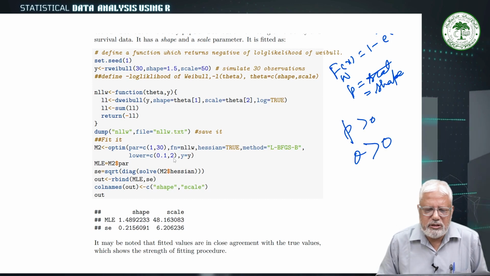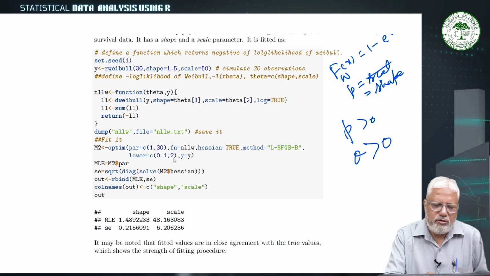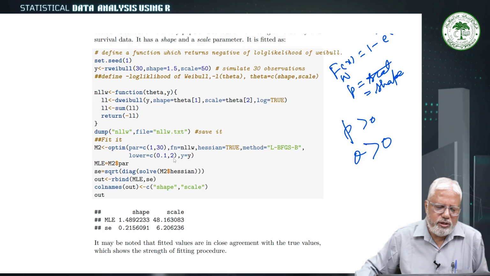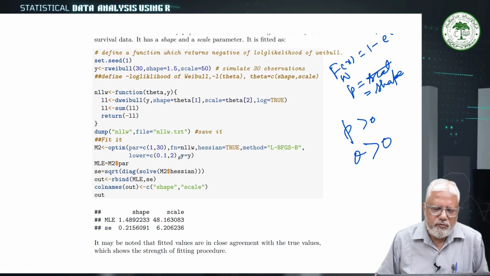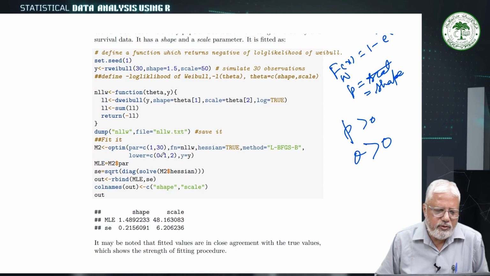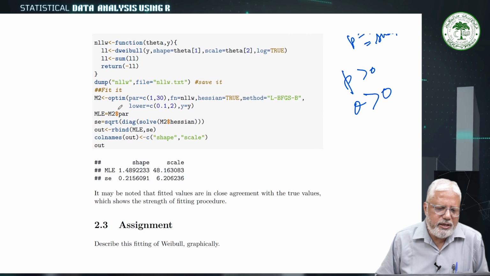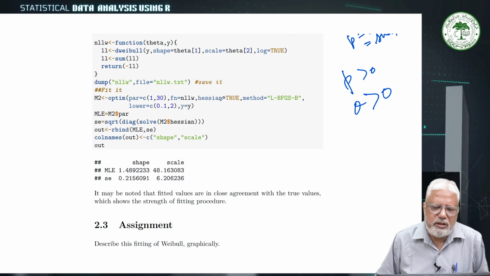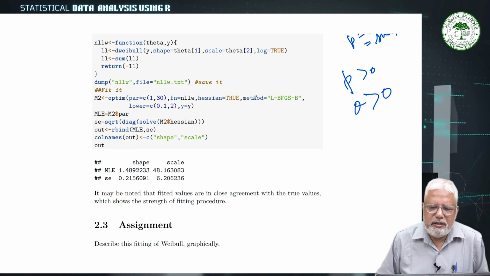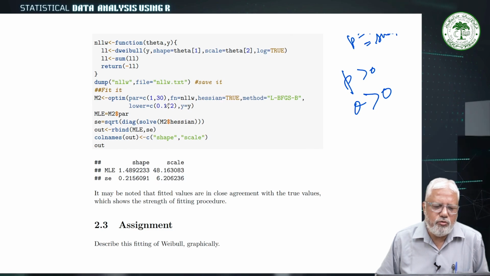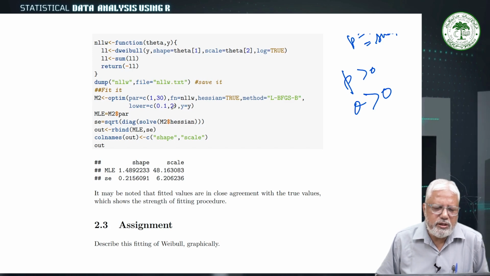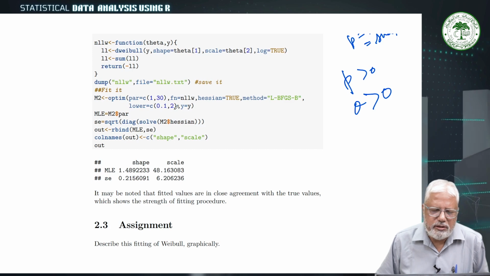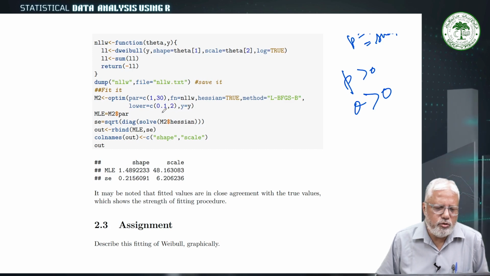So we have to put this restriction here. Hessian equal to true will return the Hessian matrix, and with the lower bound it will optimize only above 0.1 and 2. It will not go into negative values.